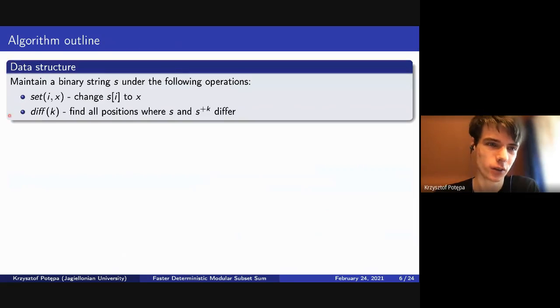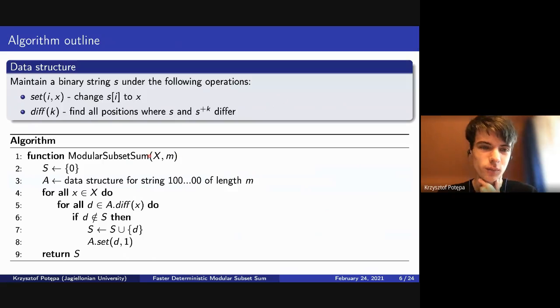So if we had a data structure that maintains a binary string S under two operations, the first one is changing a character, the second one is finding all positions where S and its cyclic shift differ, then we can write a simple algorithm for the subset sum. We just simulate the Bellman iterations. We start with the set that contains only 0.